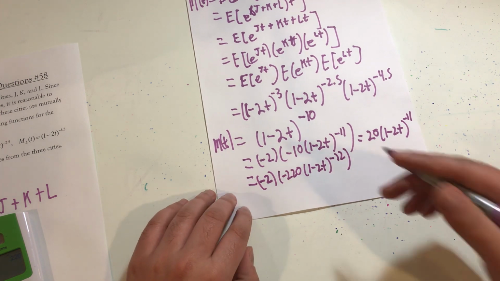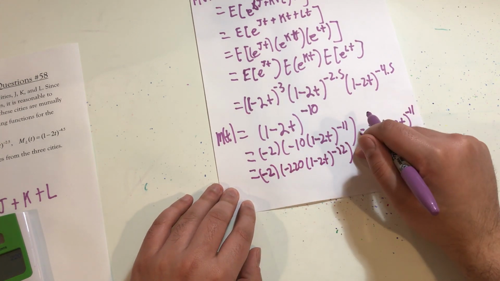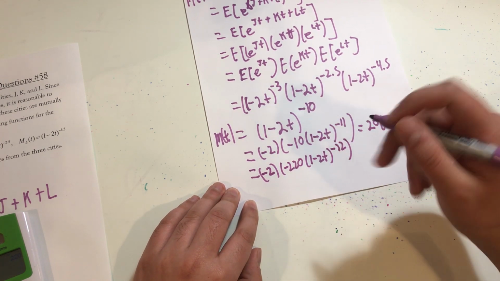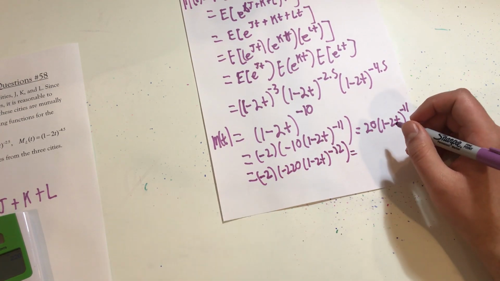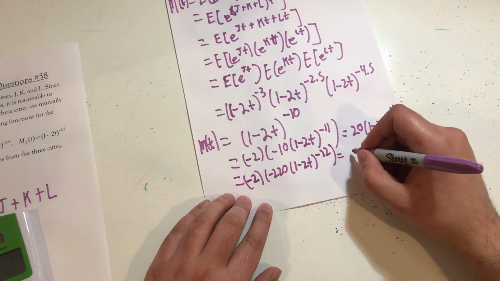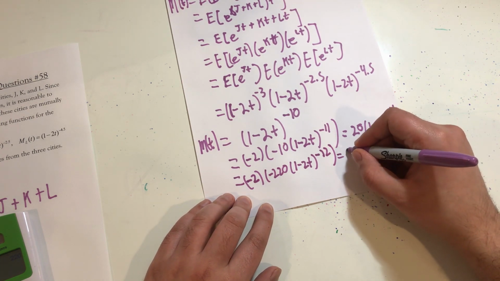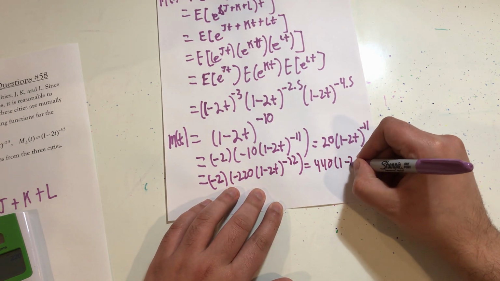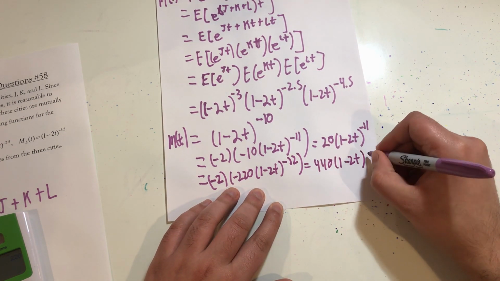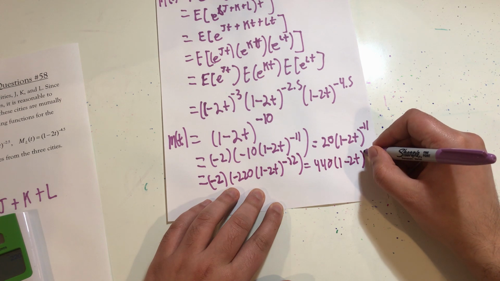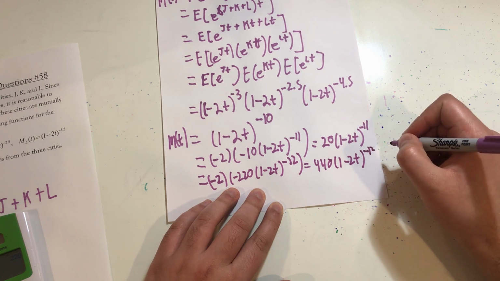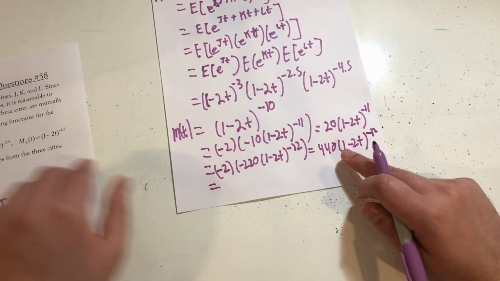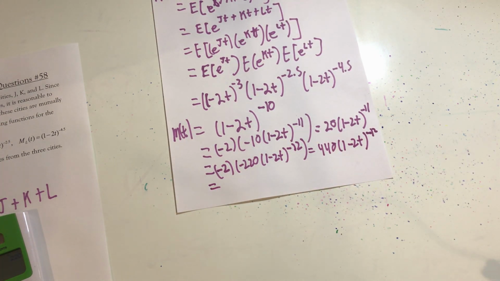Okay, so that's the second derivative. And the third derivative would be, or actually this I should combine a little bit. So this should be positive 440 multiplied by 1 minus 2t to the negative 12th. And then one more chain rule on that, right? Derivative of the inside portion is still negative 2.